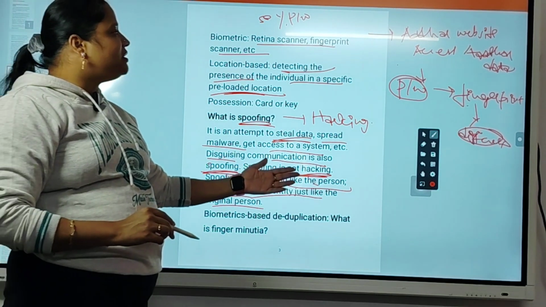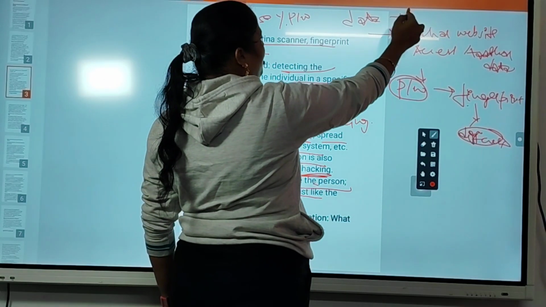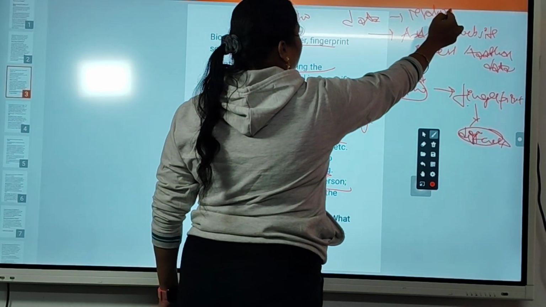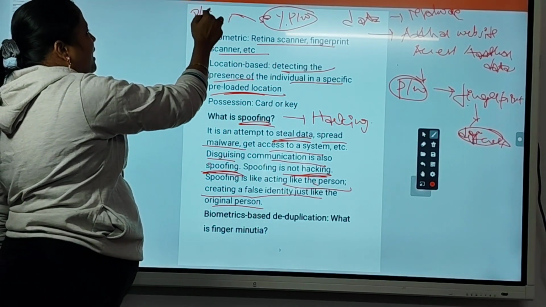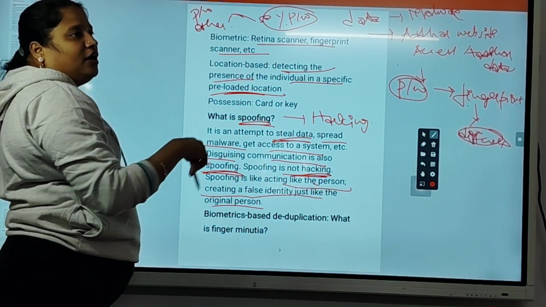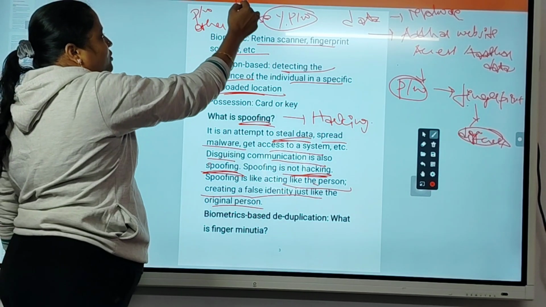Hacking means they directly access your data by entering malware in your system. But spoofing means they act like you, entering the password and other authentications so that they prove to the system that you are the original user.